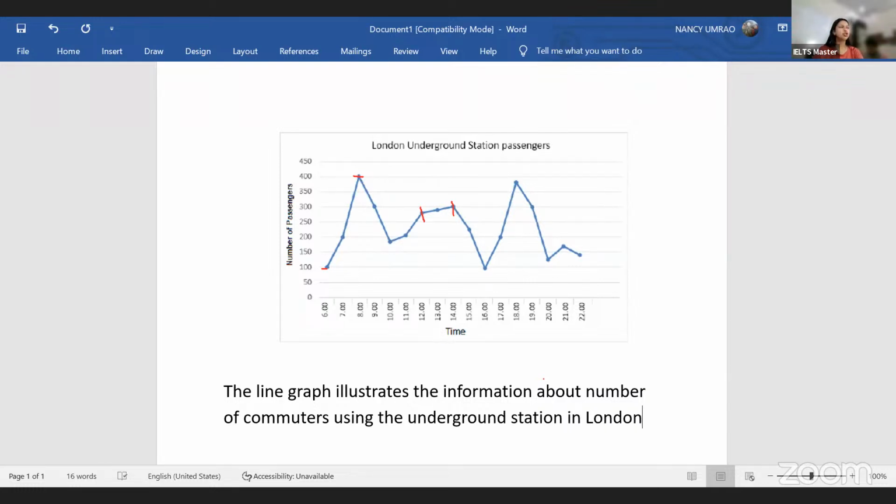Proper nouns should always be capital, right? London around the clock, in one day around the clock of a typical day. Correct?